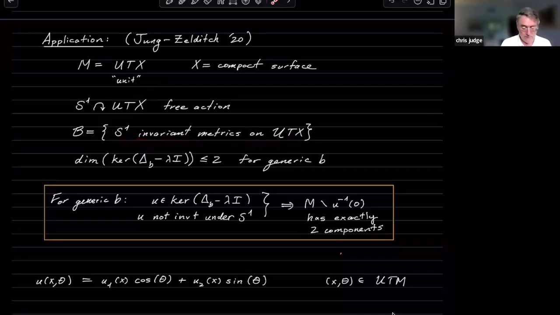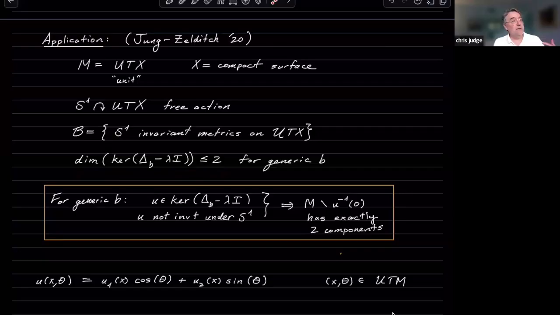And the first thing they do is prove, using methods similar to what we just discussed in Uhlenbeck's original argument, that the dimension of each eigenspace is at most 2. And it has to be that way, essentially, because you have this S1 symmetry. S1 acts on the eigenspaces, and it's going to usually act non-trivially.